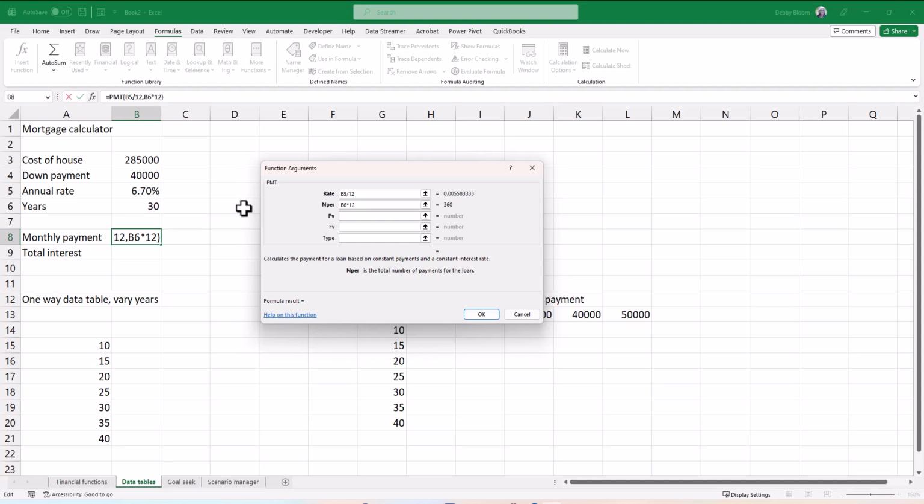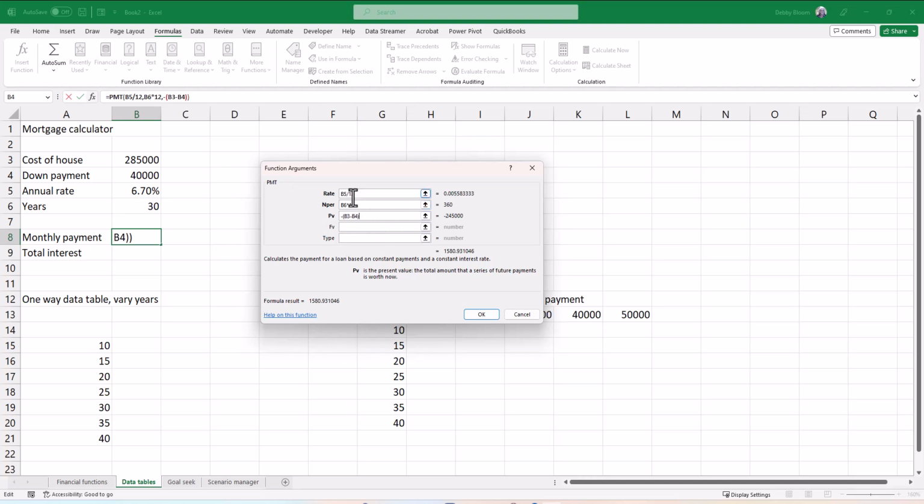Now for the PV, I'm going to type a negative sign, open up the parentheses, and take the cost of the house, subtract the down payment, close up the parentheses, so notice that is the cost of the house minus the down payment. And notice I get a monthly payment of $1,580.93.